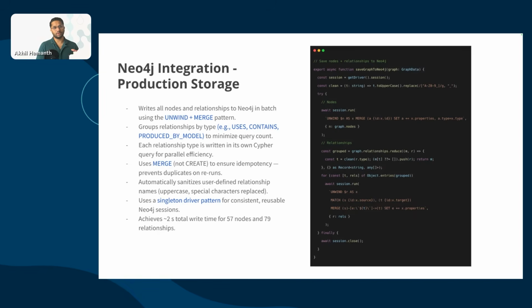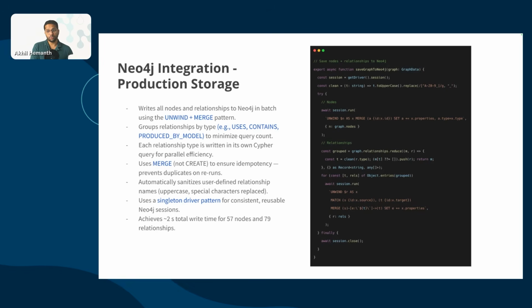So those are what we define as types, and based off of the types, it groups the relationships and entities and then pushes it into Neo4j. Each relationship type is written in its own cipher query for parallel efficiency, and automatically sanitizes user-defined relationship names, so uppercase, special characters, and so on are replaced.